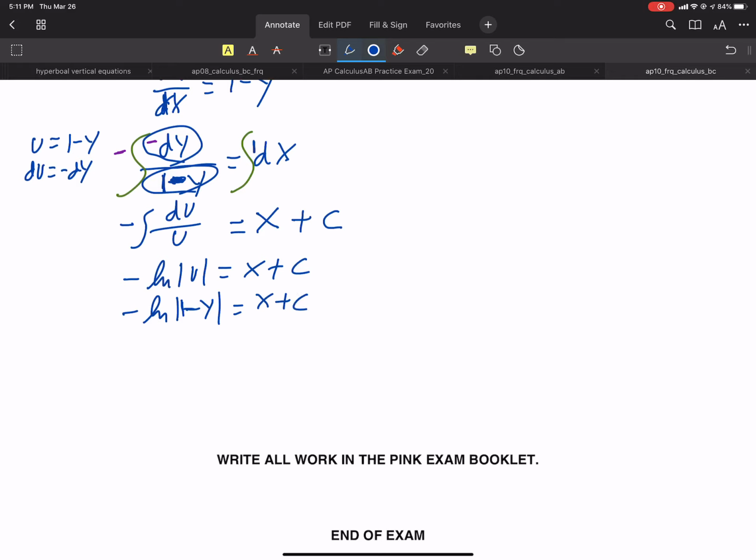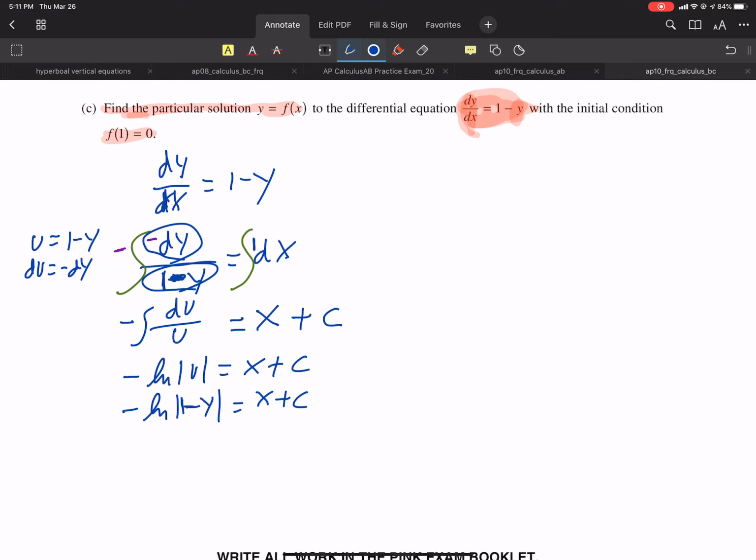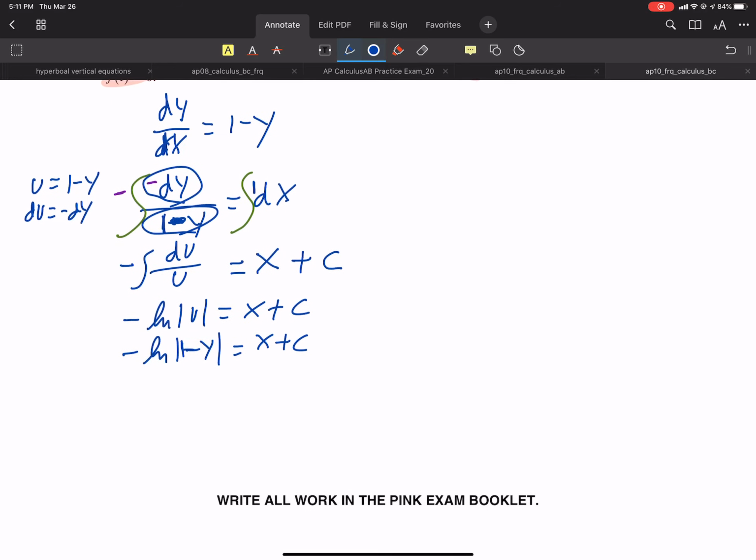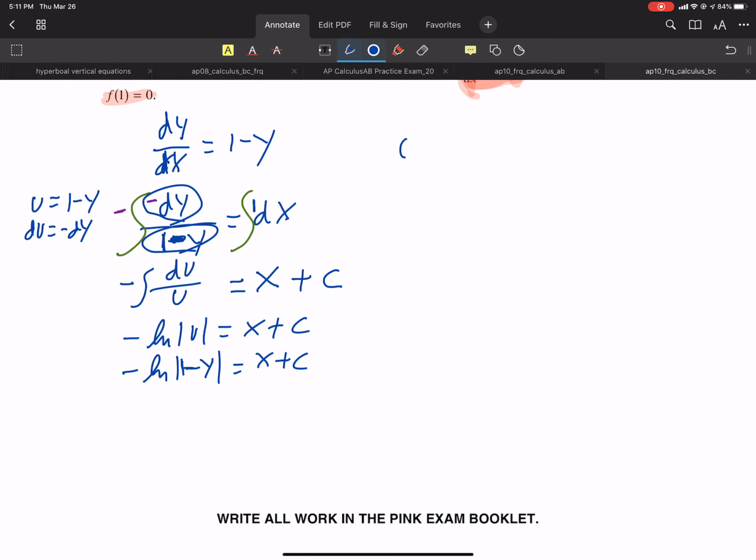All right. So at this point, we need to find our constant c. But we're told this. When x is 1, y is 0. So in our equation, we're going to plug in the point 1, 0.